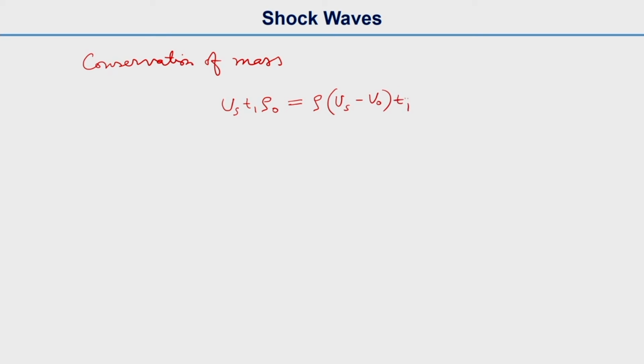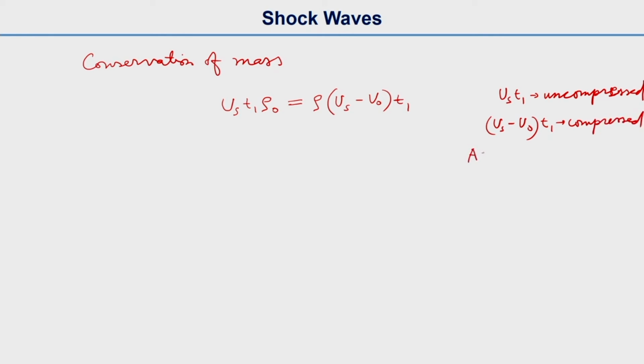Initially the thickness was Us T1 for the uncompressed material, and (Us minus Up) T1 is the compressed thickness.